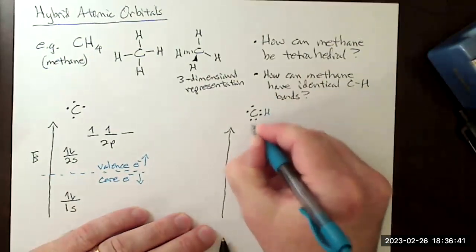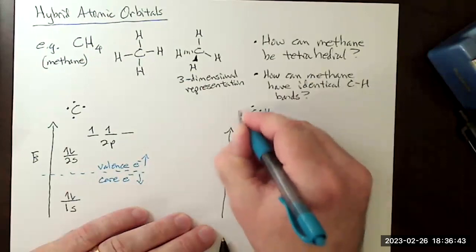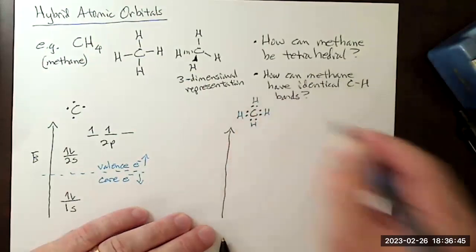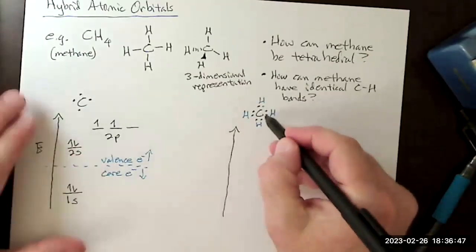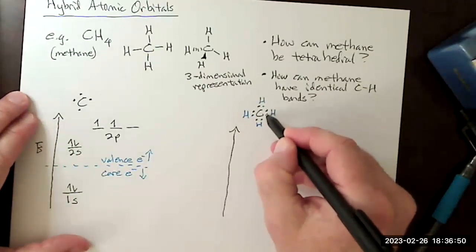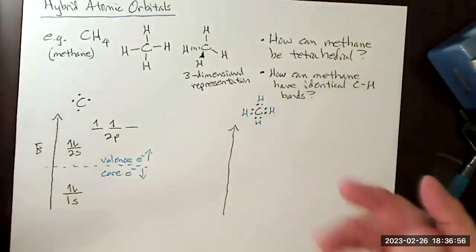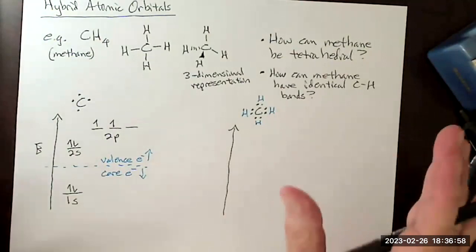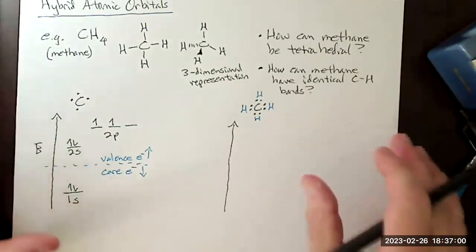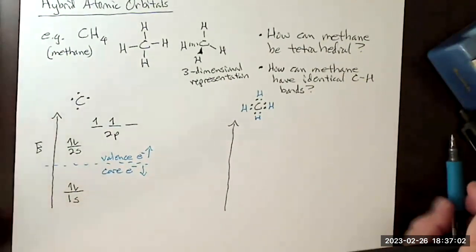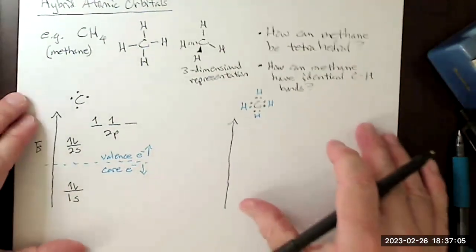Each hydrogen brings 1 electron to the party. And when we draw it like that, that pair of dots is 2 electrons. That is our bond. I prefer drawing the lines or the sticks to the pairs of dots when I'm drawing electrons in bonds. If the electrons are just hanging out in what we call a lone pair, then I'll draw the dots.